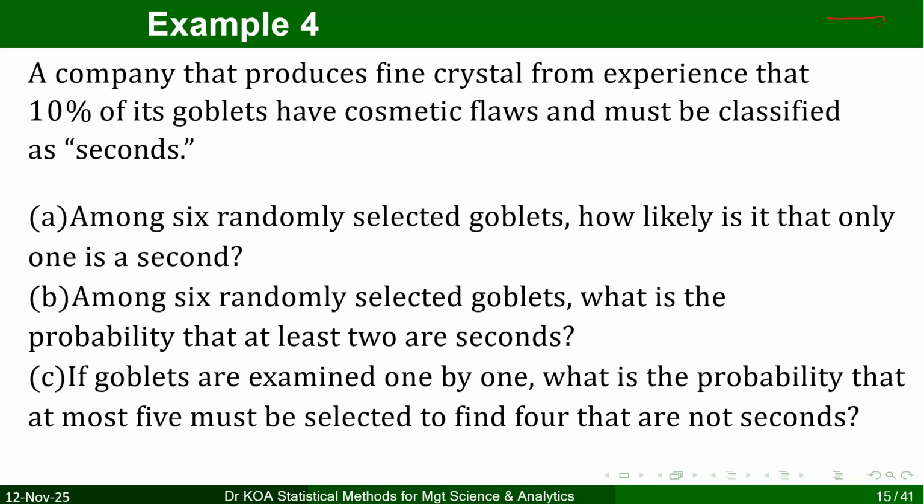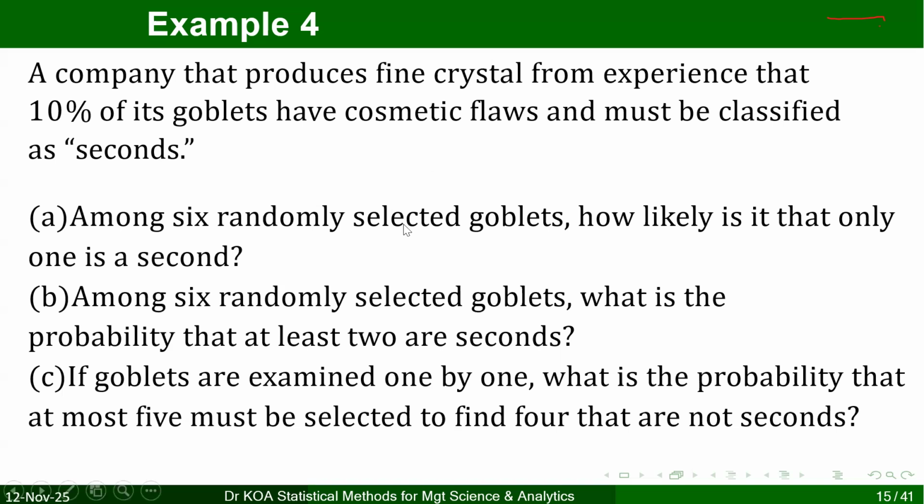Now remember that all along A and B, you are looking for those that are seconds. That is those that are faulty. Remember that in the top part here, you were told that goblets have cosmetic flaws, and that's why they are classified as seconds. So those that are defective, mistaken, flaws, faulty, they are the ones that are seconds.